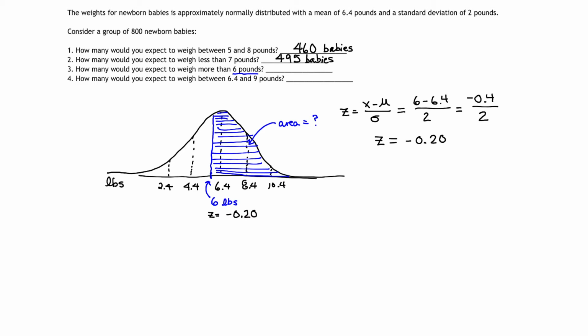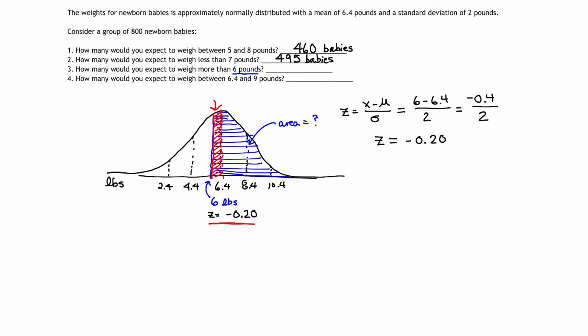We're now going to look on our chart and determine the area that corresponds to this z-score. But notice our z value is negative, and that's because it's talking about the area left of the mean. Specifically, when we use our chart, we're going to be looking at the area just left of the mean that falls in this red band. So our z-score is going to help us obtain this area.